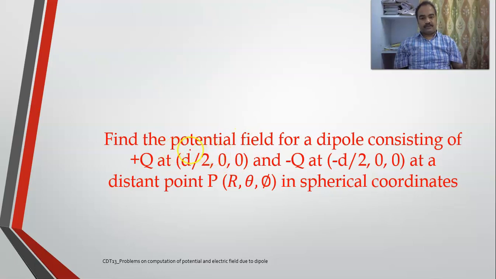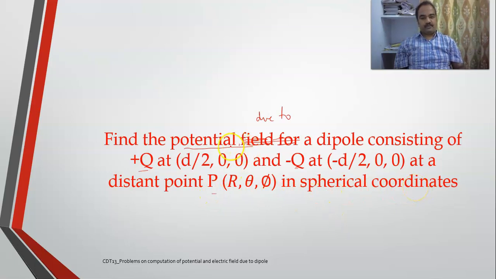The question states: find the potential due to a dipole consisting of a positive charge at this point and a negative charge at this point, and at a distant point P in spherical coordinates.